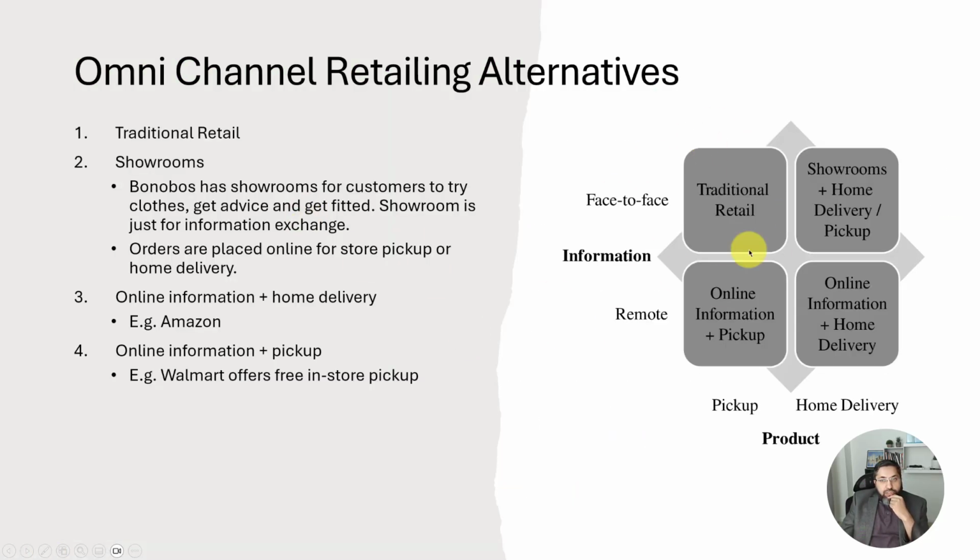So in omni-channel retailing, we have this kind of 2x2 matrix. Okay. So you have information. Do we give information face-to-face or through the online channel? If you give information face-to-face, either you have retail stores or you have showrooms. Like for kitchen cabinets, you're going to have to go to a showroom.